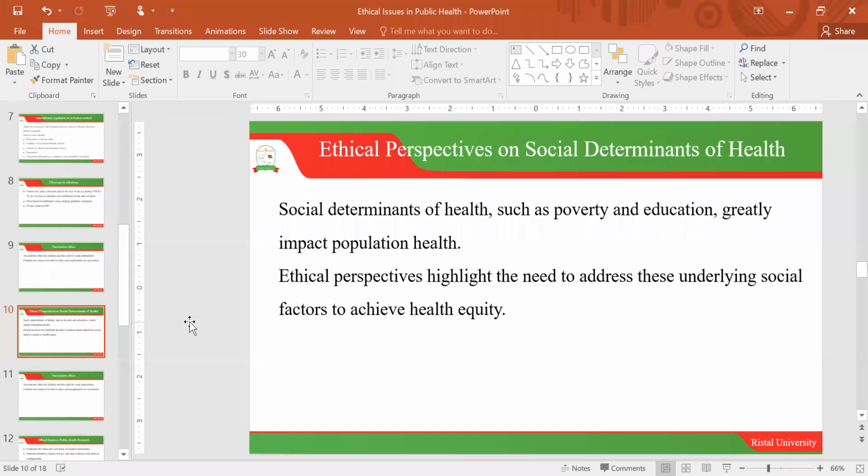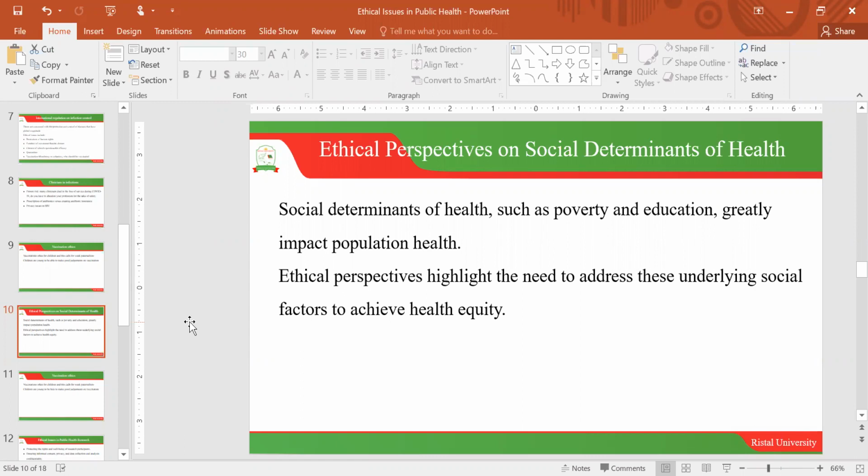Okay, so we move to the next slide. The ethical perspectives on social determinants of health. Social determinants of health means that the conditions of where we live, where we work, where we are born, influence our health.